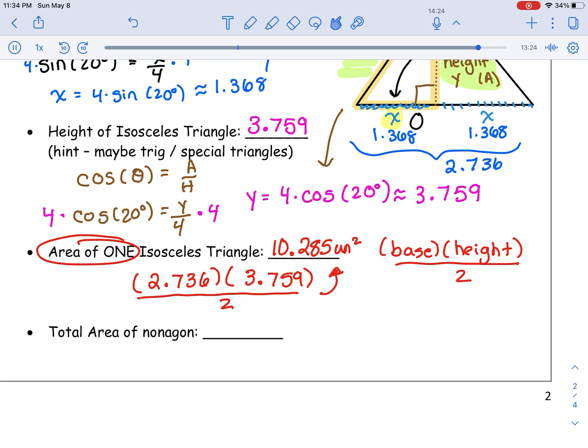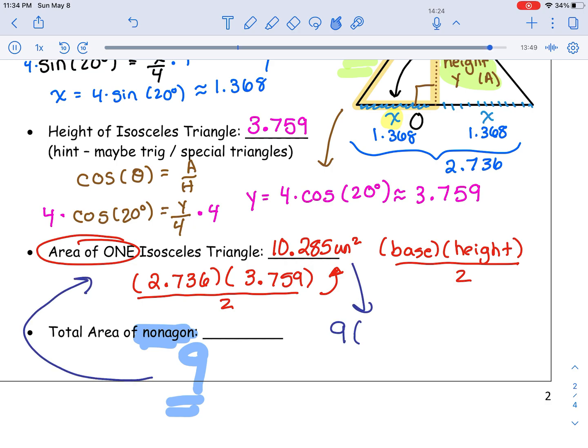But we're not done. We're calculating the area of not a single isosceles triangle, but of a nonagon, which has 9 sides. And since it has 9 sides, it has 9 isosceles triangles.